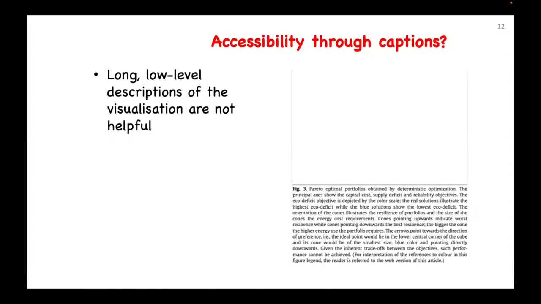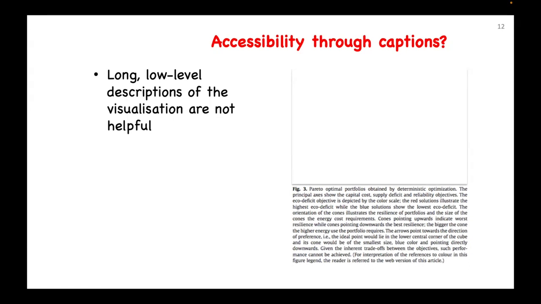So: Pareto optimal portfolios obtained by deterministic optimization. The principal axes show the capital cost, supply deficit and reliability objectives. The eco-deficit objective is depicted by the color scale. The red solutions illustrate the highest eco-deficit, while the blue solutions show the lowest eco-deficit. The orientation of the cones illustrates the resilience of the portfolios and the size of the cones, the energy cost requirements.